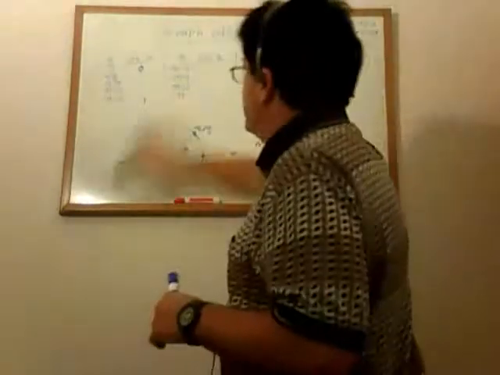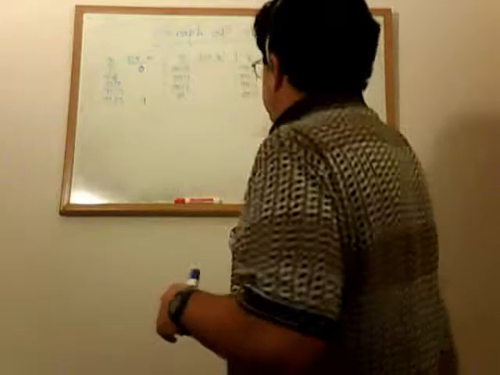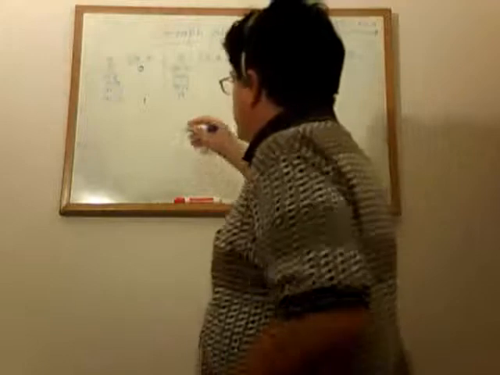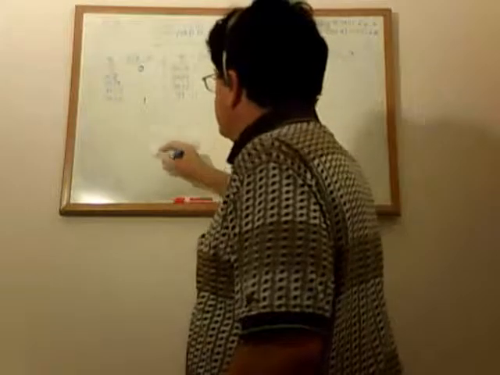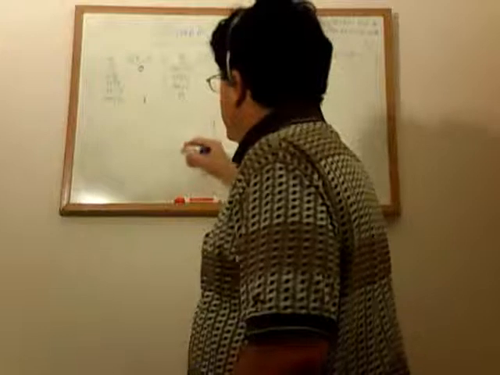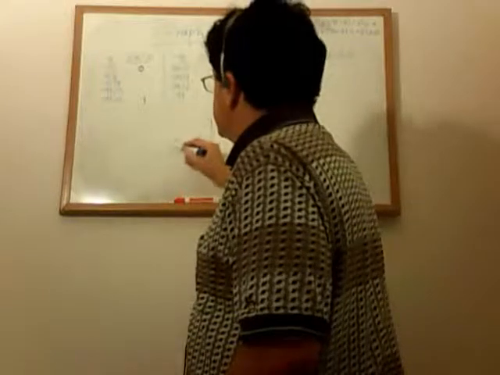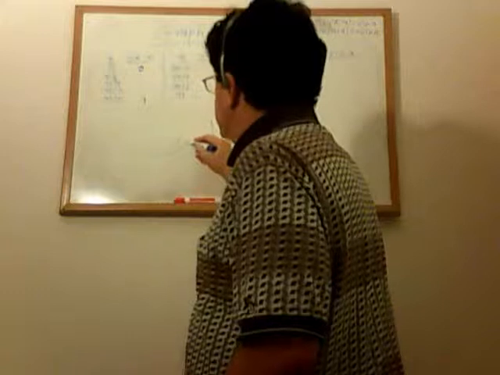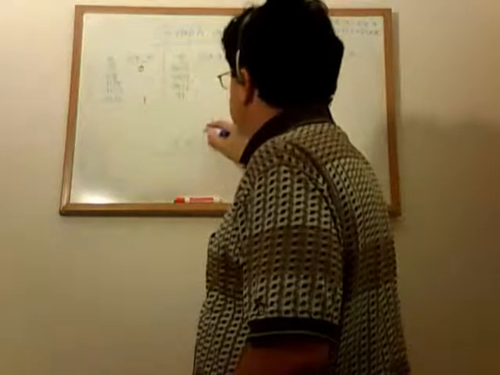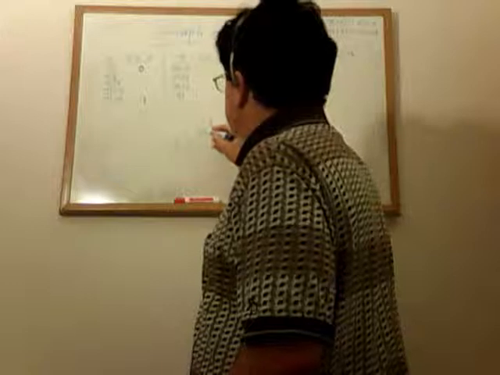To get the other values in this left column, we look at some simple right triangles. For instance, let's look at a right triangle with an angle of pi over 6. That's 30 degrees, so this is really a 30, 60, 90 right triangle. This is pi over 3, which is 60 degrees.